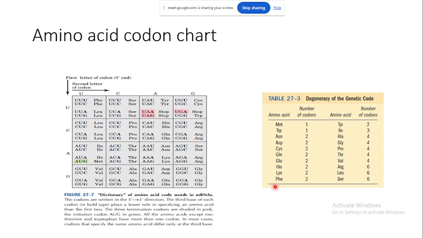So arginine, leucine, and serine have 6 codons, right?